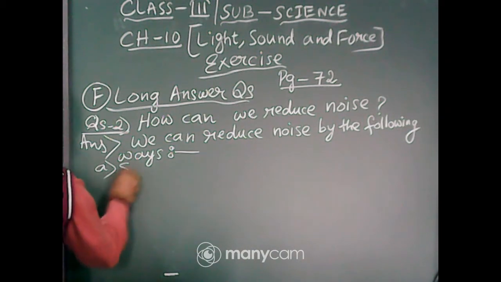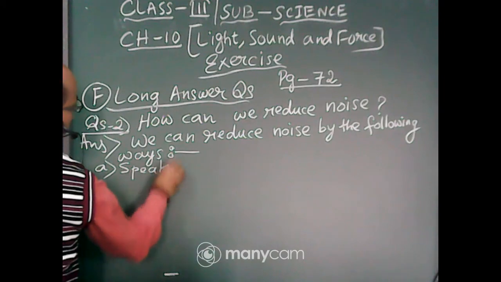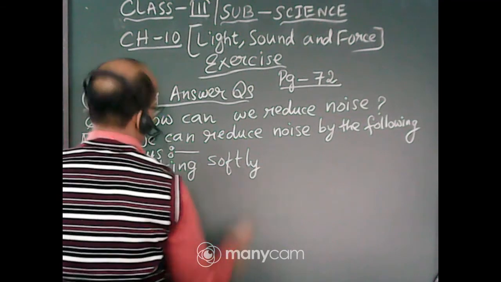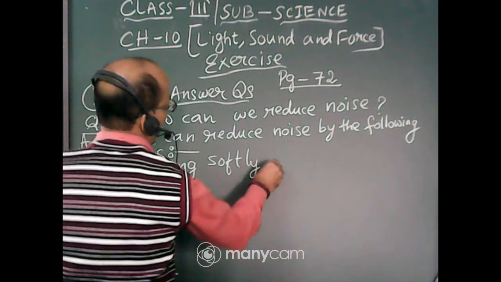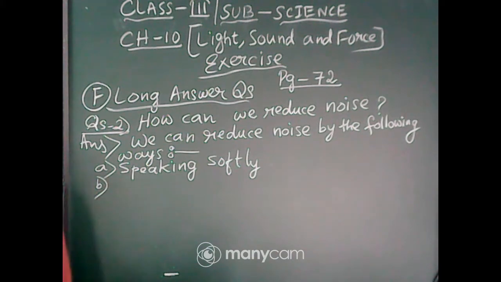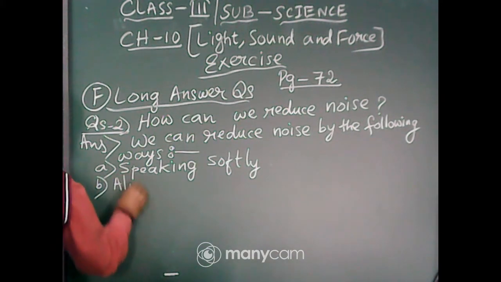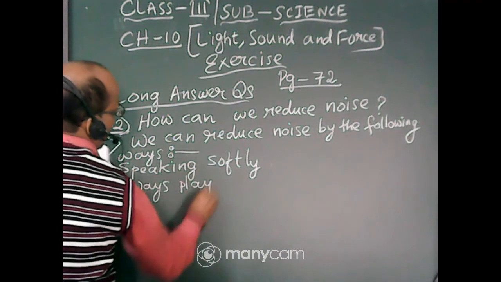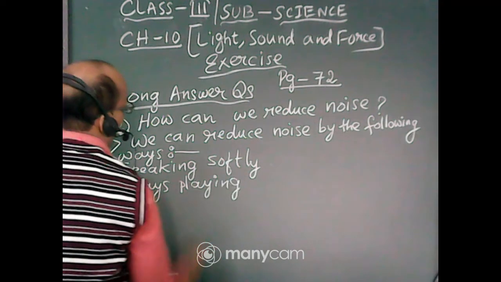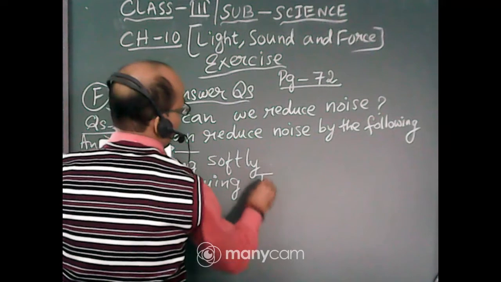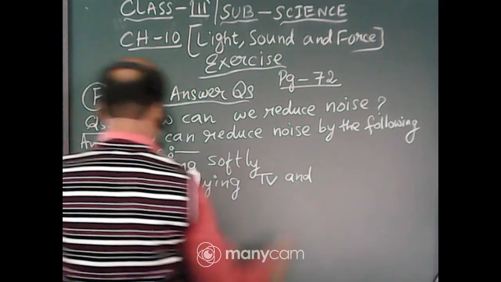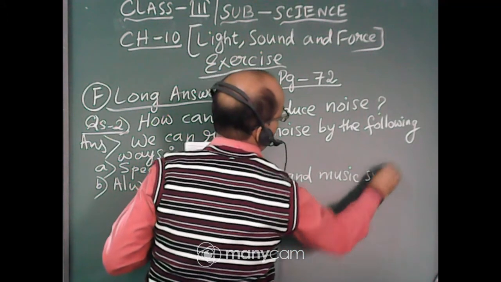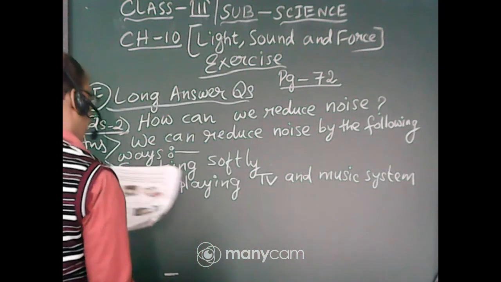Number A is speaking softly, and number B, always playing TV and music system in a low volume.